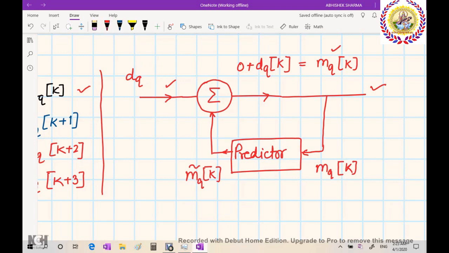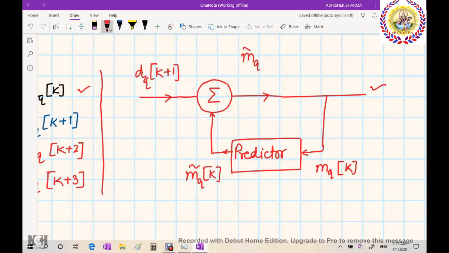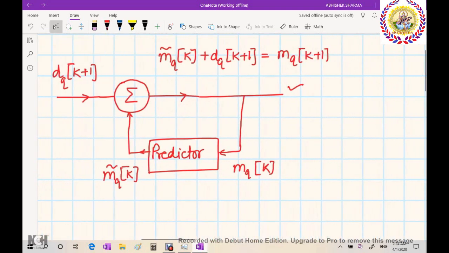Now the next difference will be dq(k+1), and at this point it will be mq(k) plus dq(k+1), which will give you mq(k+1). So previously we received m(k), and the next sample we are receiving is m(k+1). Now at this point the value is mq(k+1).